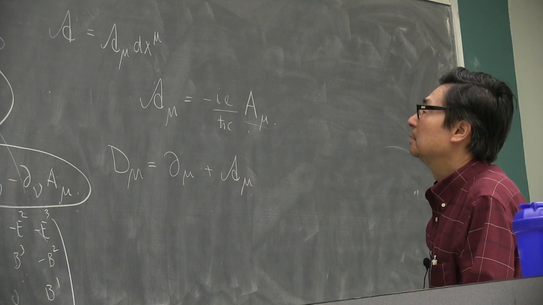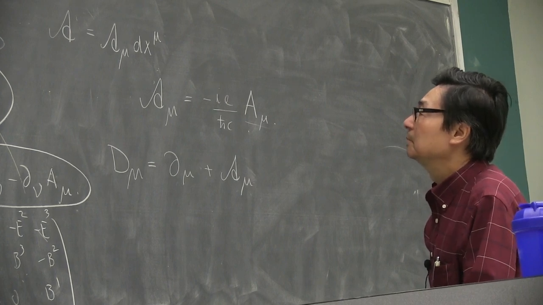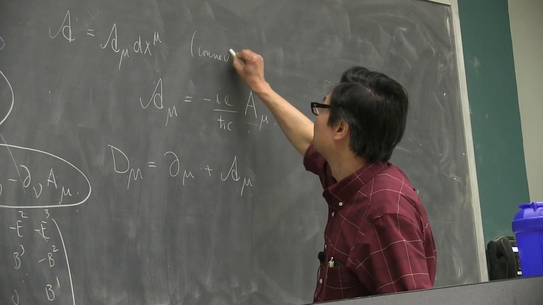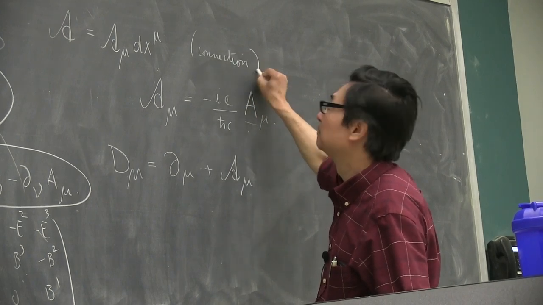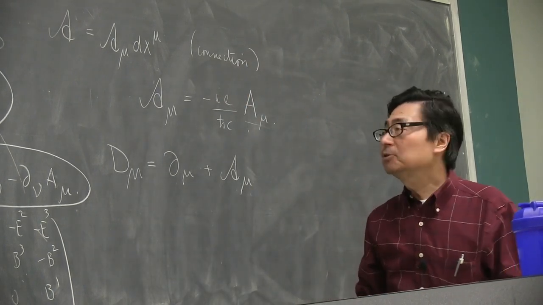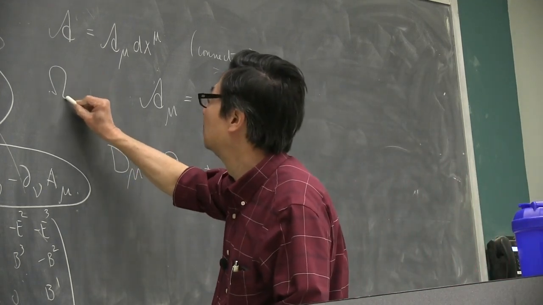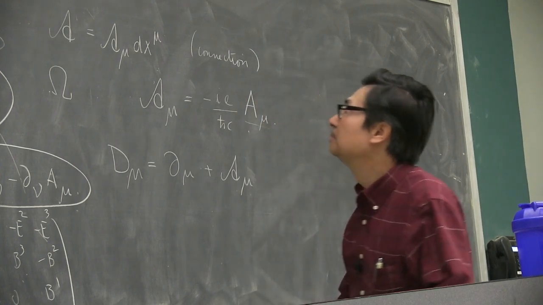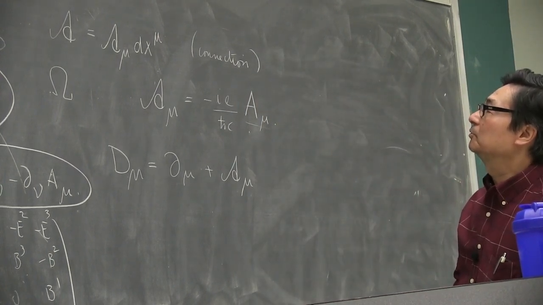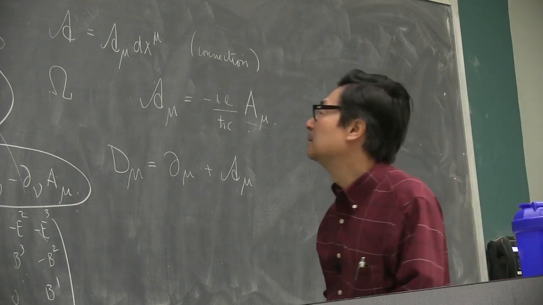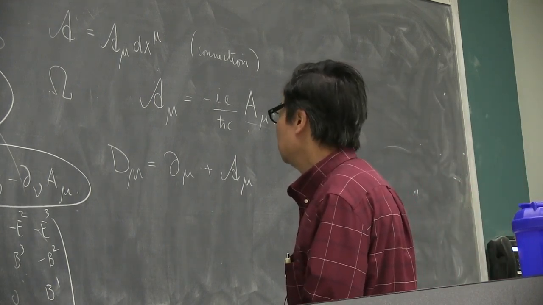Now, in terms of this, this 1-form is called a connection in mathematics. In terms of this, I can define what is called a curvature 2-form.